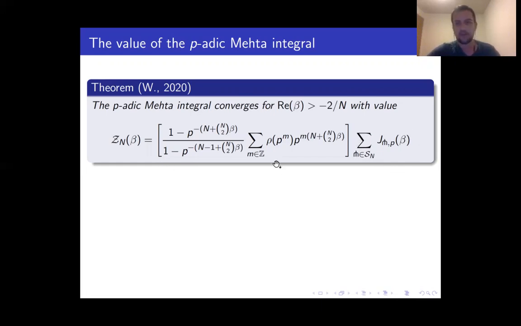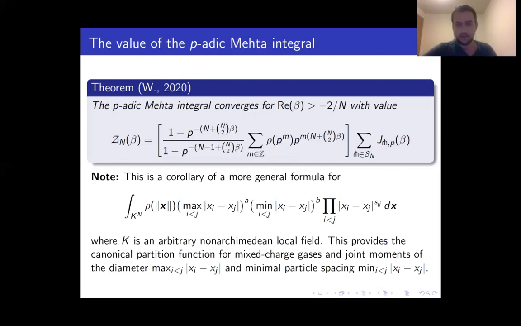And then this bracketed term we already saw before is something that comes out of the original integral in our reduction step. So if rho is chosen to be nice, something like a characteristic function of the closed interval 0 to 1, then what we'll actually get is a rational function in p and p to the beta in the bracketed term as well. And this ties into things about local zeta functions that have been known for a long time. But I think I'm going to steer clear of that for this talk.